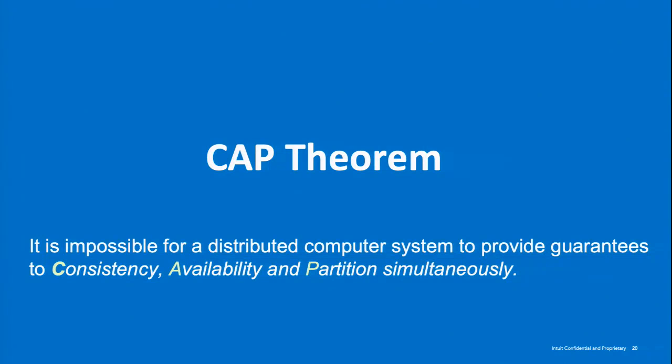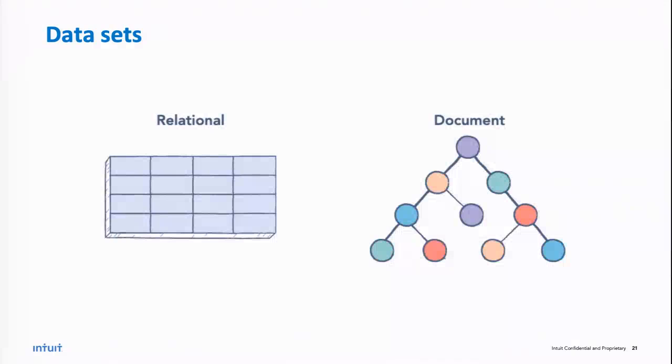So for example, let's say you have a relational database and a NoSQL database. Do you guys know about the difference between a relational database and a NoSQL database? Yeah. Okay.